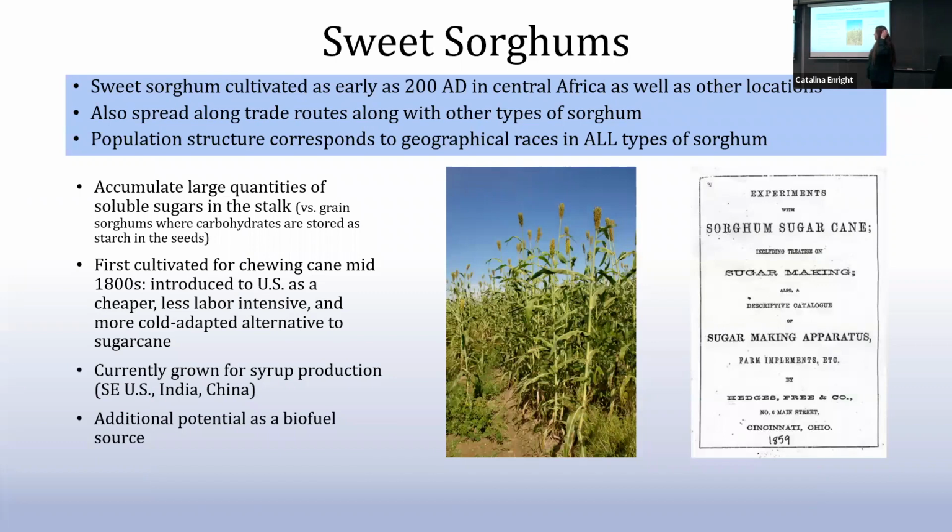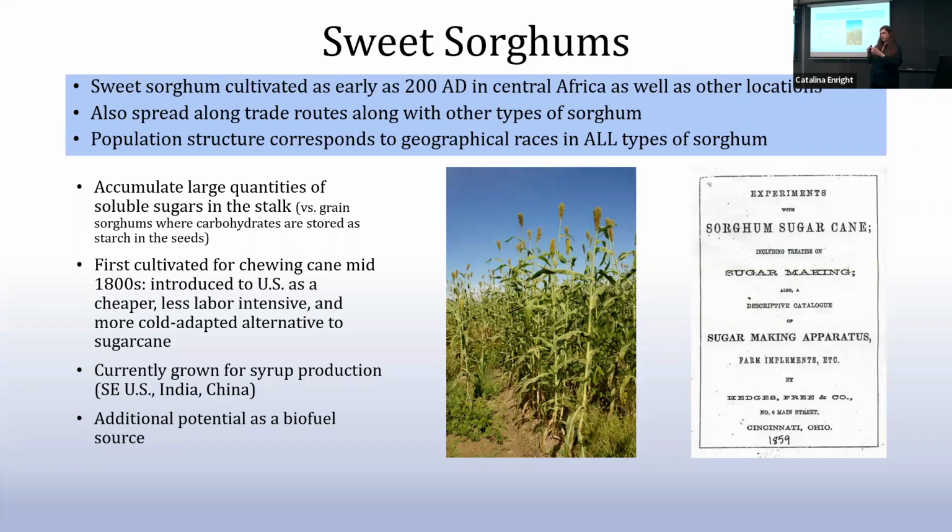So I want to tell you a little bit more about sweet sorghum, its specific history, since that's what we're going to be talking about today. Sweet sorghum started to be cultivated pretty early. Even in the early domestication of sorghum, people were interested in getting those chewing cane sweet varieties out of it. There's evidence for this going on as early as 200 AD in that same region of original domestication.